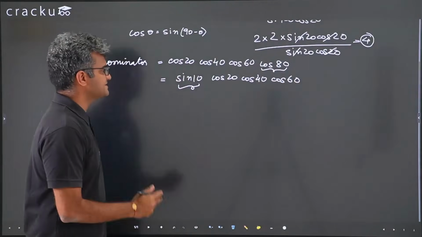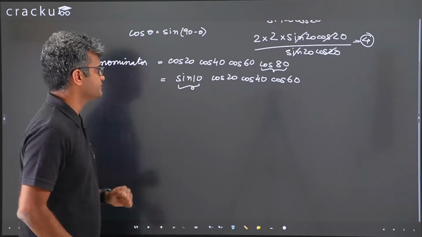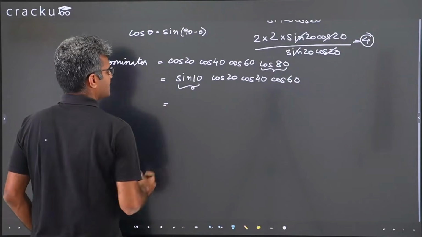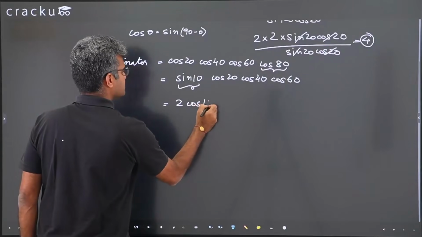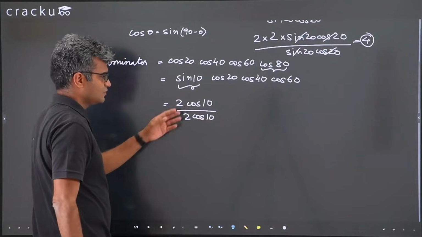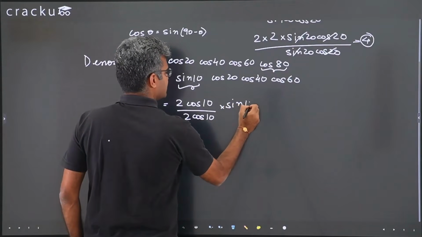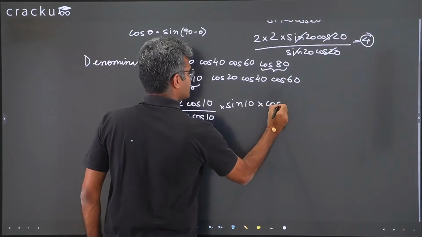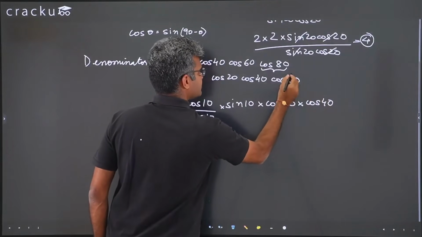Why did I write it as sine 10? Because I want to again use the formula for sine 2a. So here I will multiply the numerator and denominator with 2 times cos 10. So this is 2 times cos 10 divided by 2 times cos 10, both of them cancel each other, into sine 10 into cos 20 into cos 40. And what is the value of cos 60?